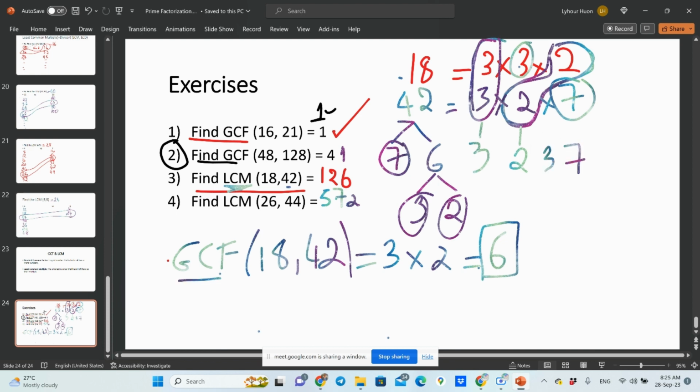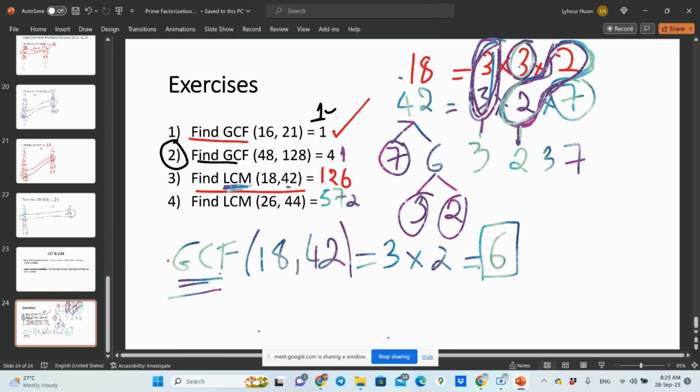For GCF, we only take the common pair, which is 3 and 2. But for LCM, we take the common pair as one, and beside that, we take all of that.